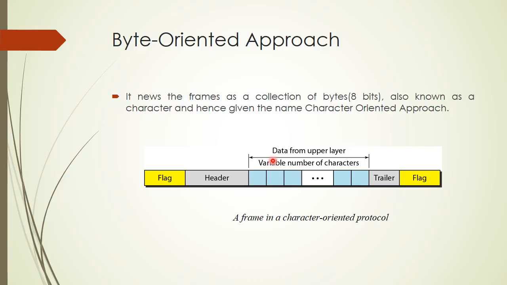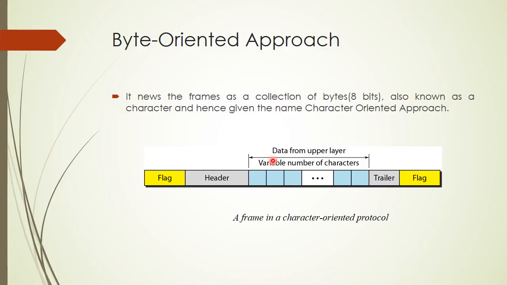The next approach is the byte oriented approach. It views the frames as a collection of bytes, that is 8 bits, also known as a character, and hence it is also termed the character oriented approach. Here the data from the upper layer consists of a variable number of characters.